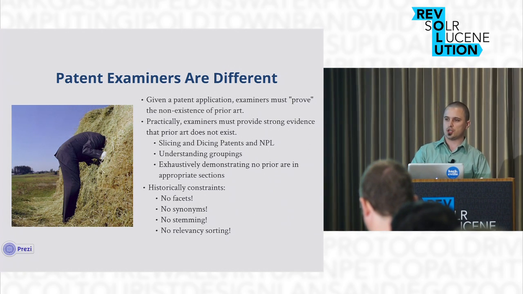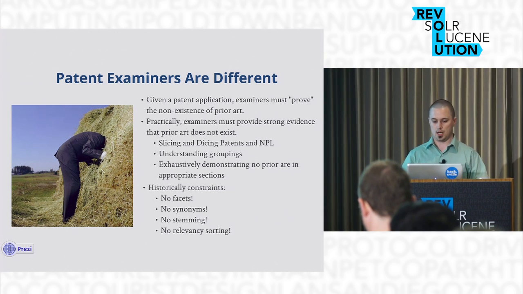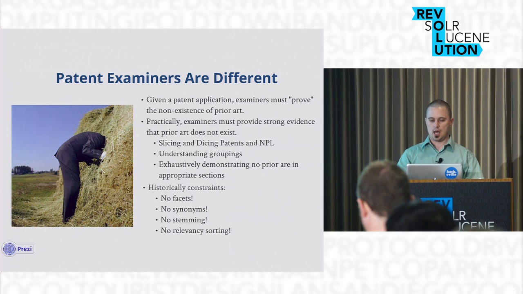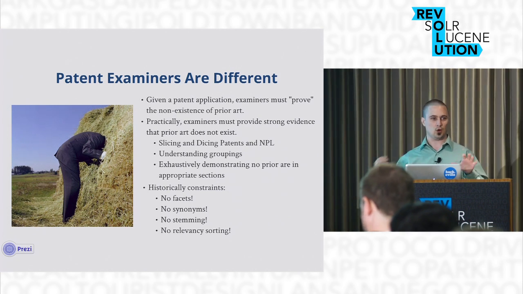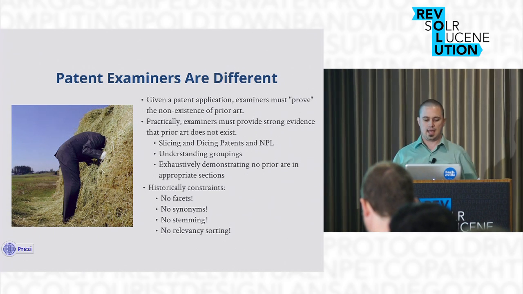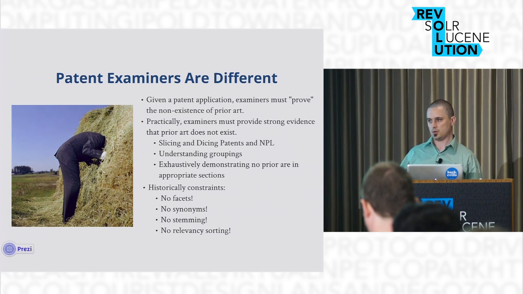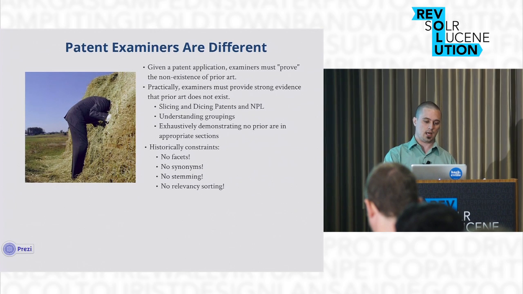Historically, search at the Patent Office has been quite constrained compared to what we're used to. They don't have facets. They don't use synonyms, so they actually create banks of synonyms for themselves and send in large AND queries. They don't use stemming, and there is no idea of relevancy, so it's basically Boolean search. But it's powerful Boolean search.